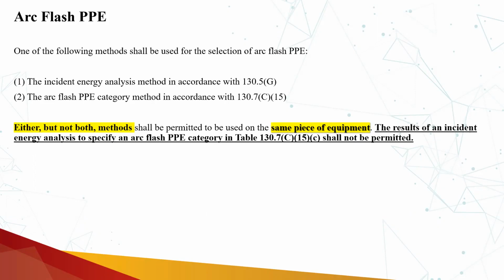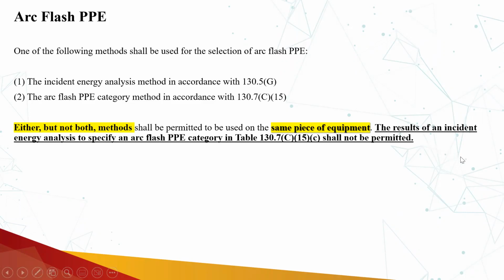But what is not allowed is that transformer number 1 cannot be assessed based on both methods, or both methods' information being available for the same piece of equipment. So either but not both methods shall be permitted to be used on the same piece of equipment.